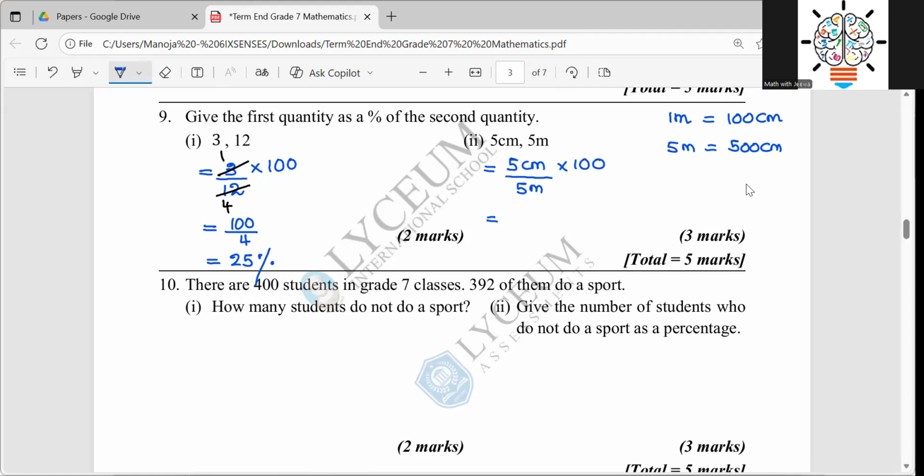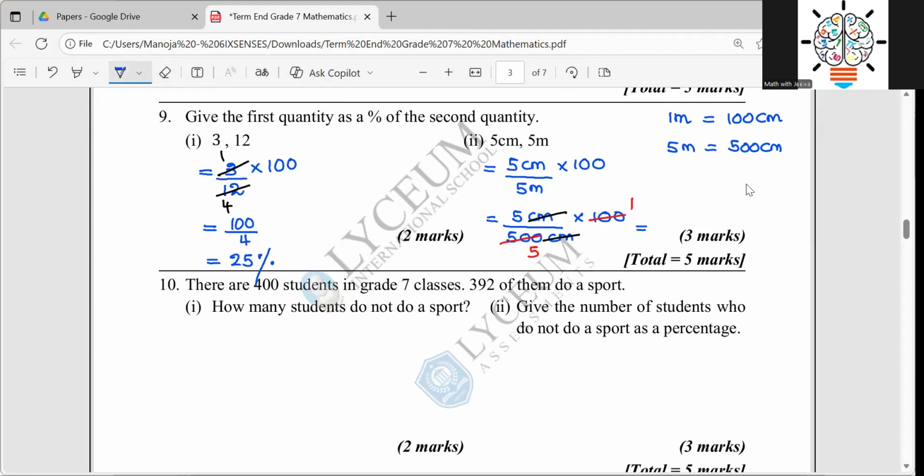So then I write this 5 centimeters over 500 centimeters multiply by 100. So then you can cancel the centimeter, the same unit, and then you can simplify 100 times 1 and 100 times 5, right? Then you can write, children, you are not supposed to use the red and all these colors, but I'm showing here to explain you clearly what are the numbers I simplify. So then this is 5 over 5, and then the final answer will be 1%.